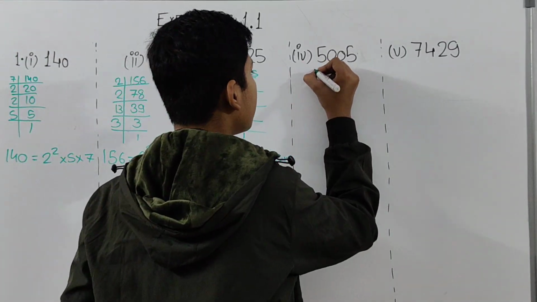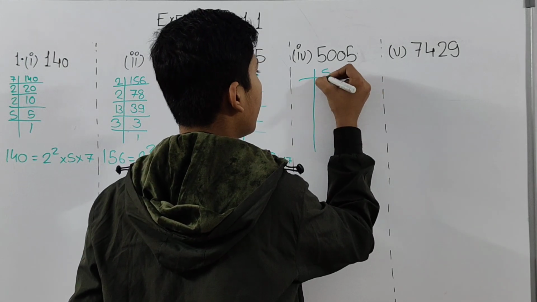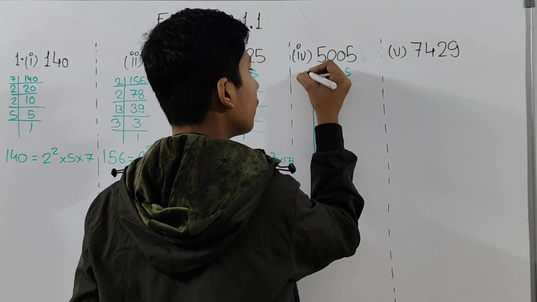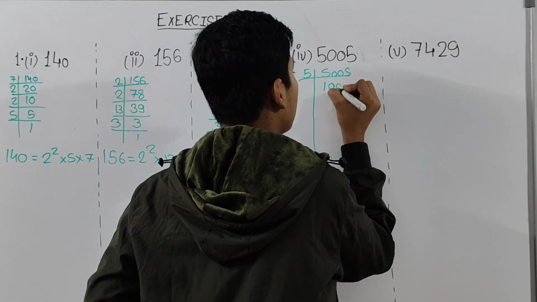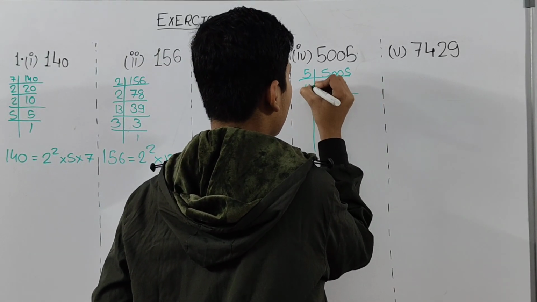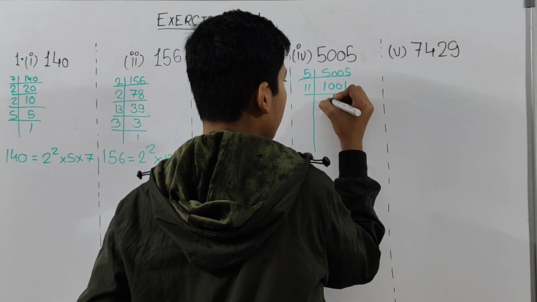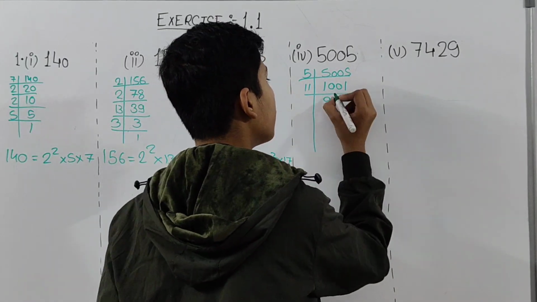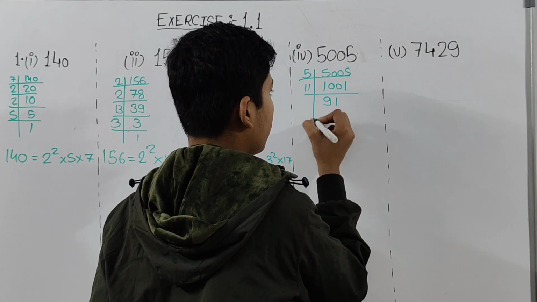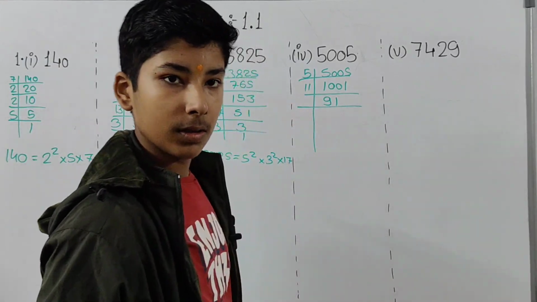Now this one, 5005. When we divide it by 5, then it would be 1001. Then it would be with 11. So 11 nines are 99. Then 1 is left, 1 1. 11. Okay.